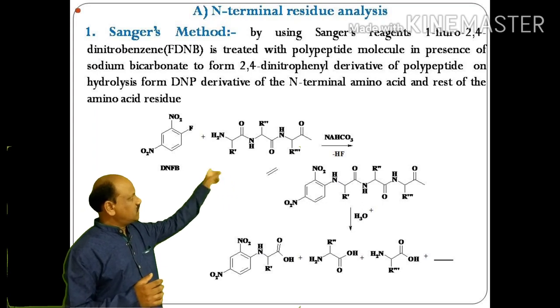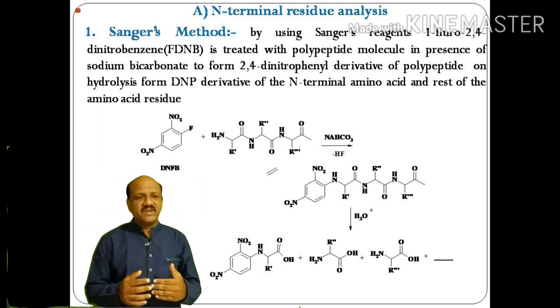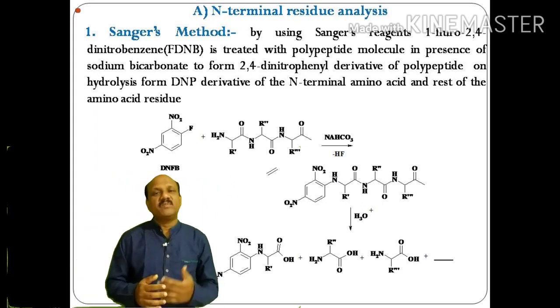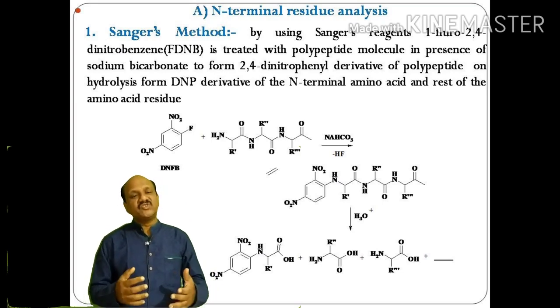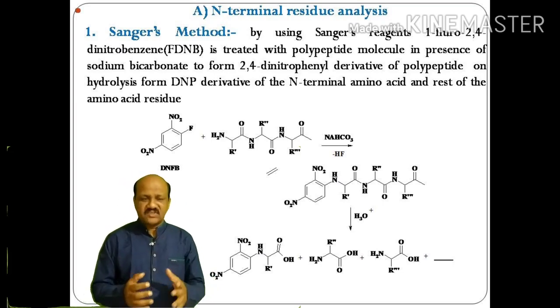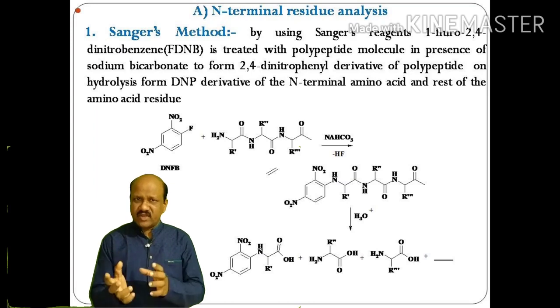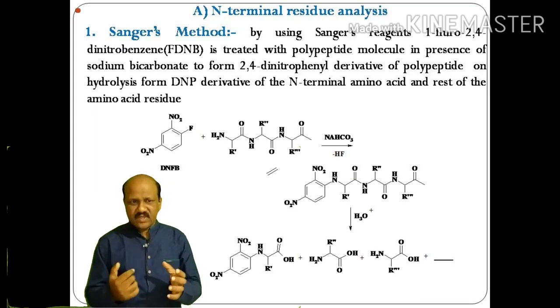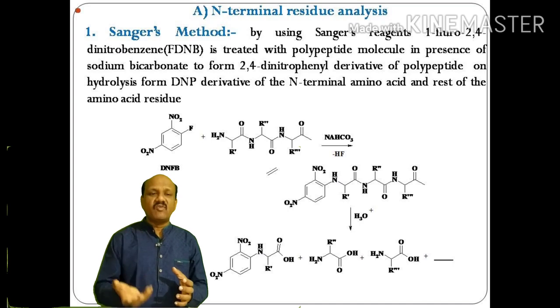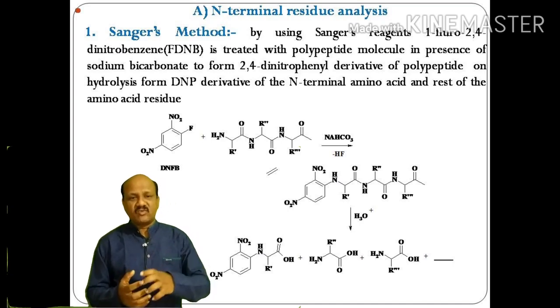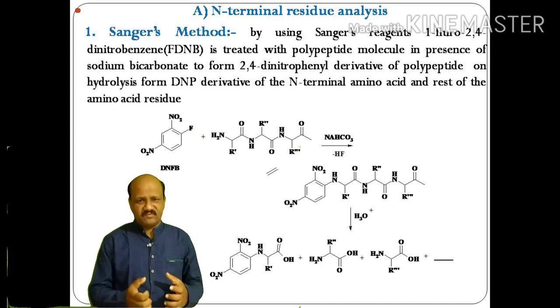This is the reagent which reacts with the polypeptide molecule in the presence of sodium bicarbonate. A simple molecule, hydrogen fluoride, gets liberated, and a 2,4-dinitrophenyl derivative of the polypeptide is formed.